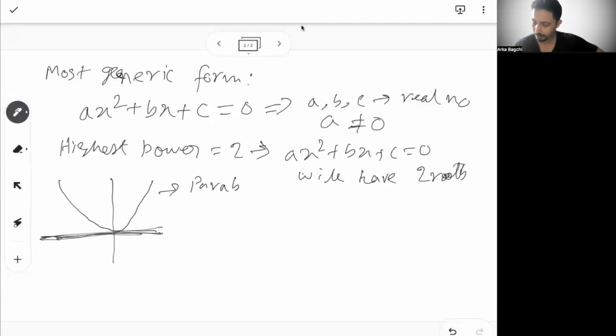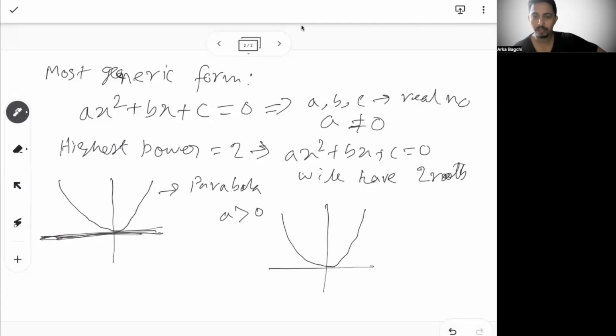This is the generic representation of any quadratic equation. With the values of a, b, c it will change, but this is the generic shape. One thing is, if a is greater than 0, or the coefficient of x square is positive, then it becomes an upward parabola.